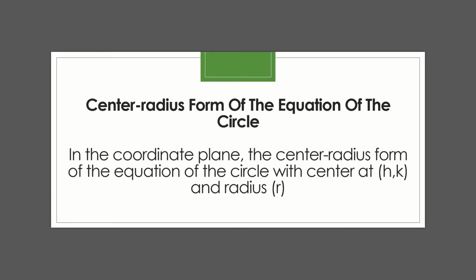Center radius form of the equation of the circle in the coordinate plane: the center radius form of the equation of the circle with center at h, k, and radius r. So, yung center ng circle ay denoted or represented by h, k. And yung radius naman ay denoted by letter r.